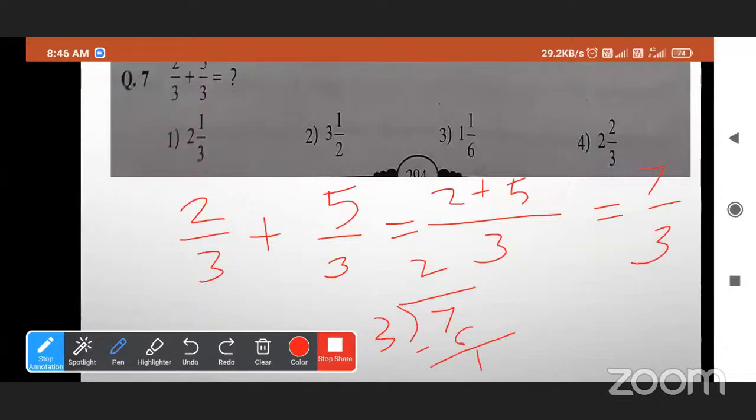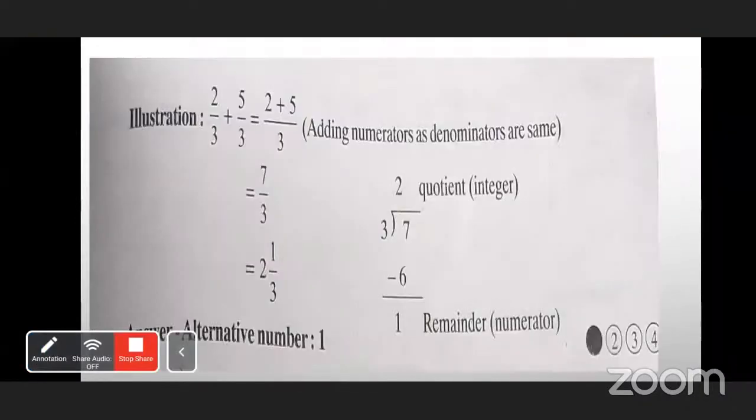So what is the mixed fraction? The whole number is 2, the denominator is 3 and the remainder is 1. So here the mixed fraction is 2 and 1 upon 3. So which option is the correct answer? Option one. Okay, very good. See here, the first one is the correct answer.